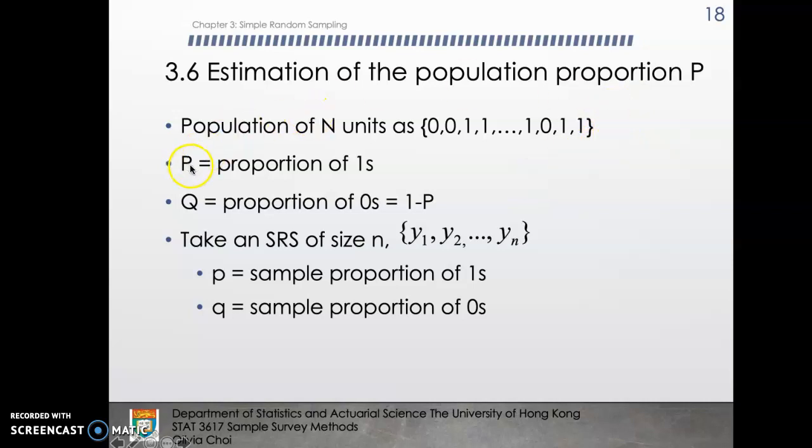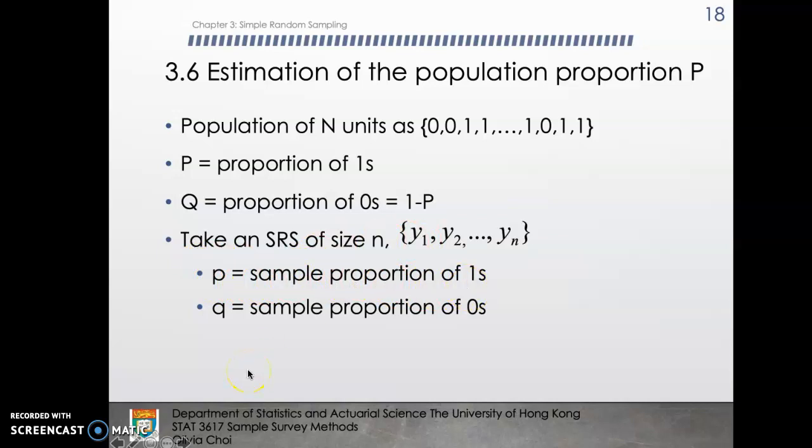So capital P would be the proportion of yes, and capital Q, or 1 minus P, the proportion of no. Let's take a simple random sample, randomly selected from the population. We would have y1, y2, up to yn, and little p would be the sample proportion of 1s.